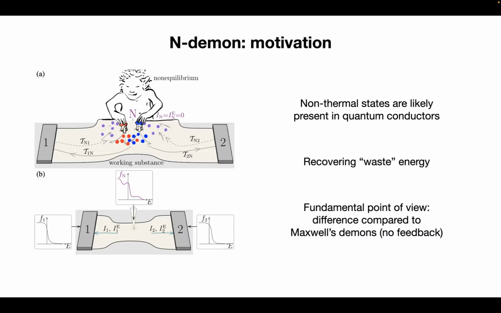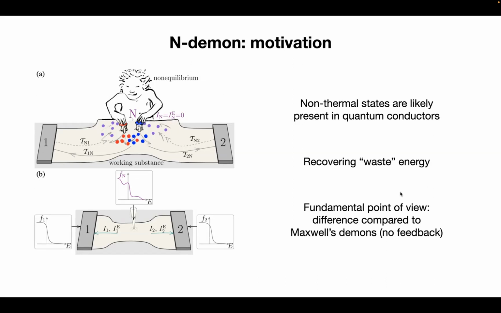And also because you can imagine that in small scale systems, you have access to non-thermal states quite easily. And so in principle, if one understands how to exploit them, one can kind of recover some waste energy, which can be very non-thermal.